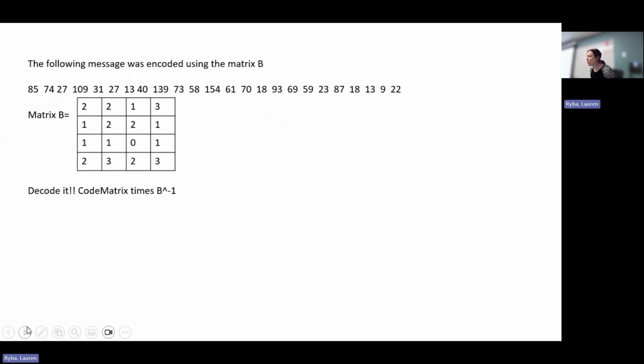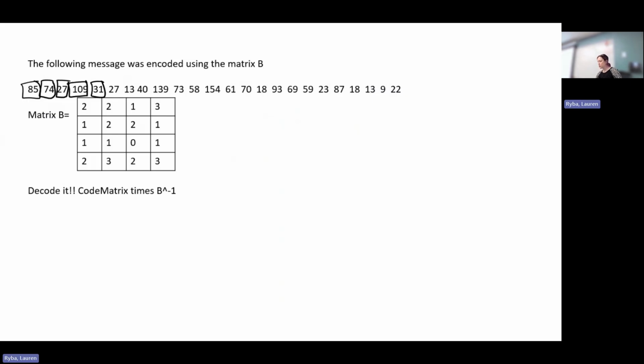So the way that this works is it says the following message was encoded using matrix B. So each number represents either a letter or a space. So 85 is the first letter, 74 is the next one, then 27, 109, 31, all the way through.